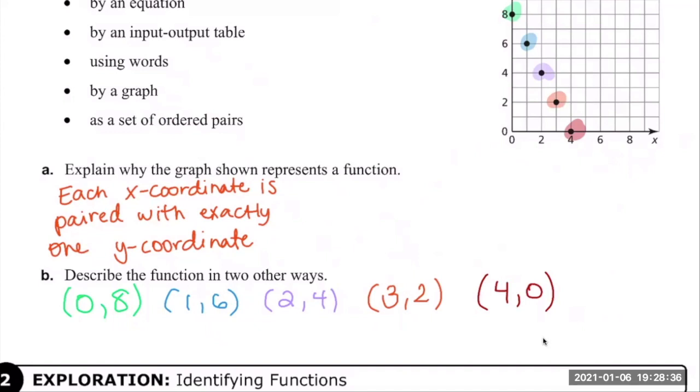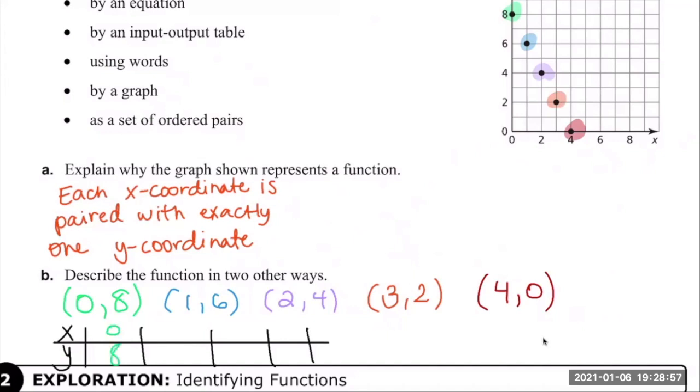And then the next thing that I'm going to do is I'm going to make a t-chart. So I'm going to make a table. And you don't have to work harder on this one. So I'm just going to take the values that I previously had written and write in here.